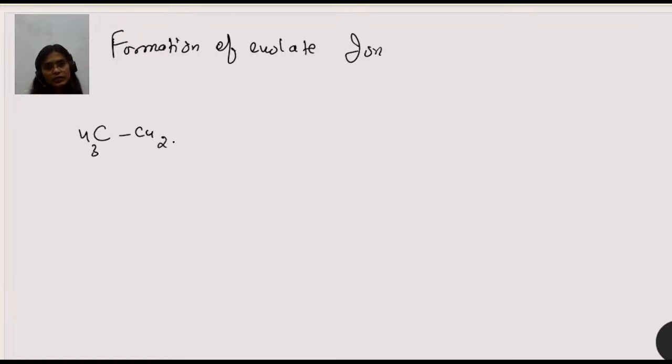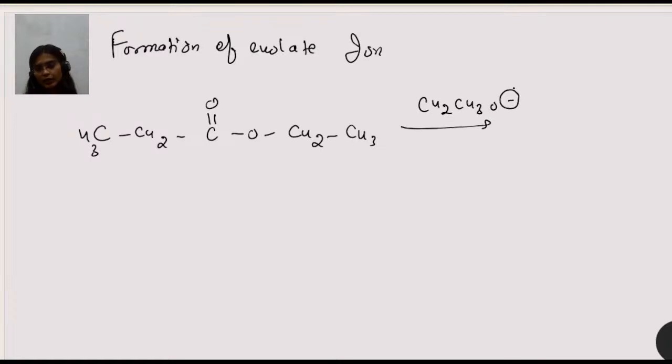The first step is the same as before, the formation of enolate ion, the same repeated mechanism again. This is CH3CH2COOCH2CH3, and next, CH3CH2O negative. This is the only acidic hydrogen, so the base is going to abstract this hydrogen.